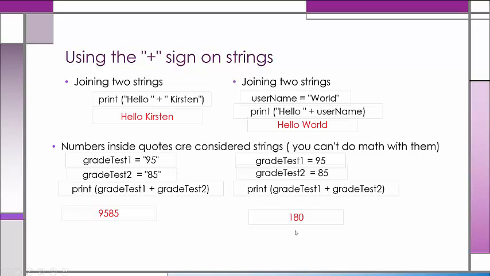So it's very important to get this concept of strings versus other data types. In other words, this would be an integer, and it's an integer because it doesn't have decimals, and it also doesn't have quotations around it. So you have to really start paying attention to how you are assigning your variables.